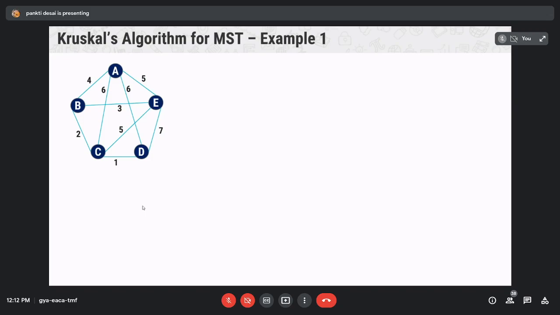So in Kruskal algorithm, we always select the minimum cost edge to derive the spanning tree, because the aim of the Kruskal algorithm is to derive the spanning tree with minimum weight. So let us understand the Kruskal algorithm with this example. All of you draw this graph in your notebook with its weights.